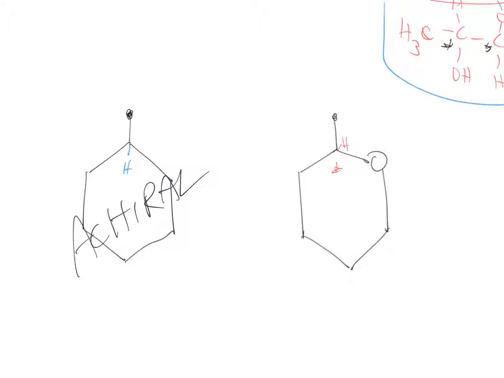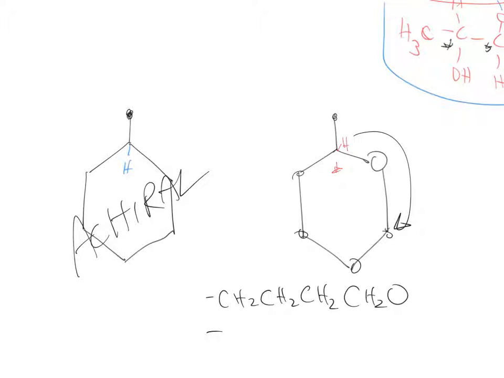Going counterclockwise, it goes 4 CH2s and then an oxygen. Going clockwise now, it goes oxygen and then 4 CH2s, and so technically they are different. They don't match up.